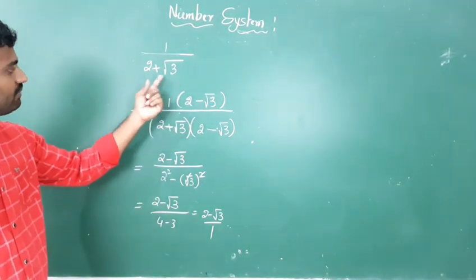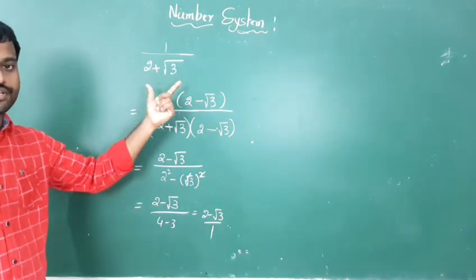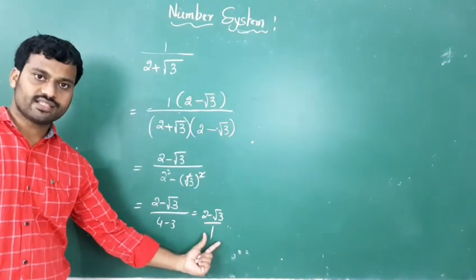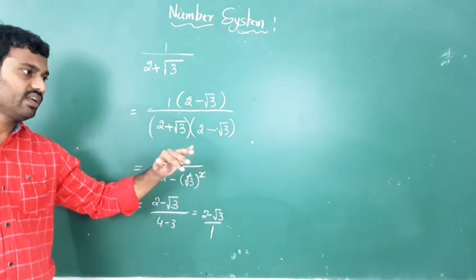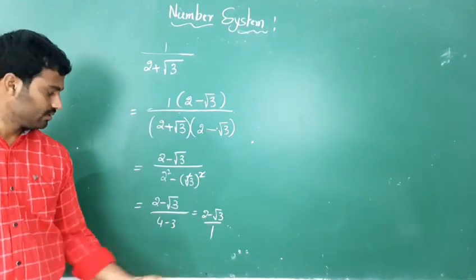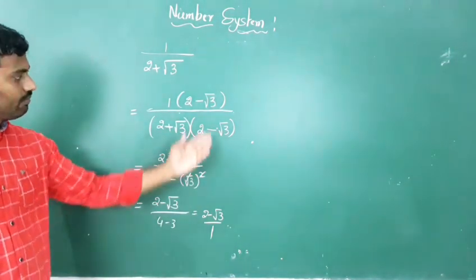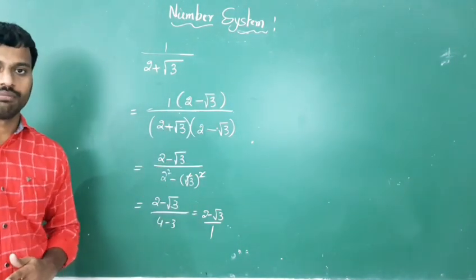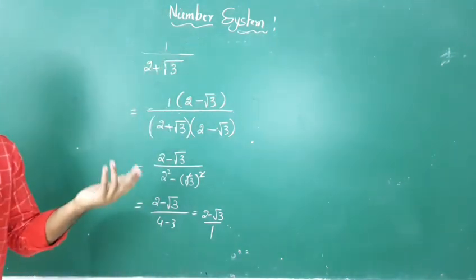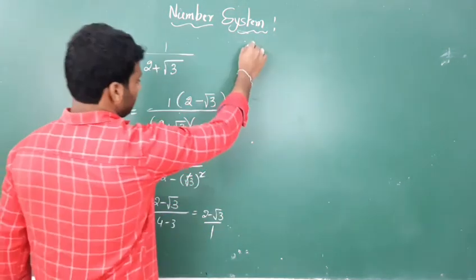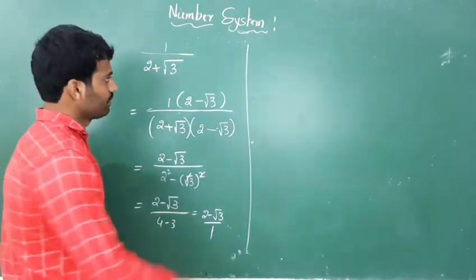In the problem, the denominator is not rational. They ask you to rationalize the denominator. They are saying to convert the denominator to a rational number. So we convert it by multiplying by a suitable number. Clear or not?